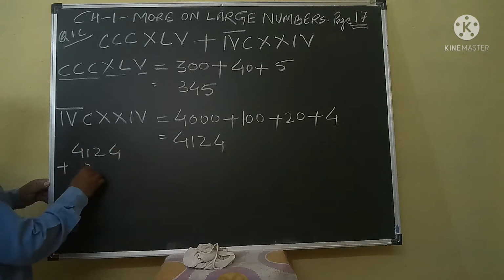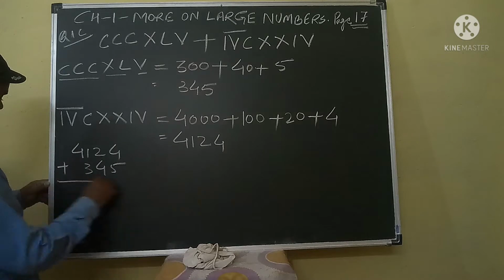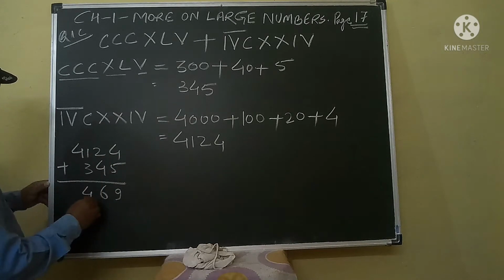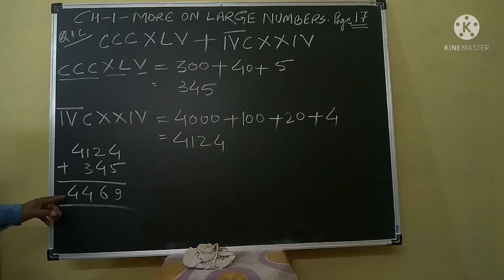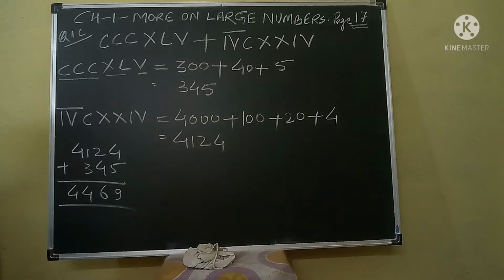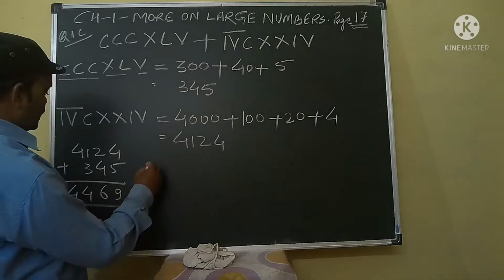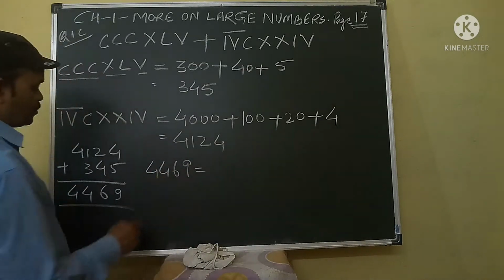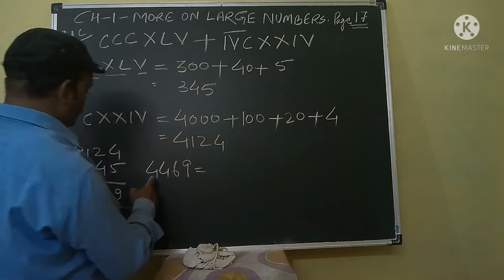4124 plus 345. 4 plus 5, 9. 2 plus 4, 6. 1 plus 3, 4. 4, 4, 6, 9. 4469. Okay. Now let us discuss what is the symbol of 4469. So we can split 4469.